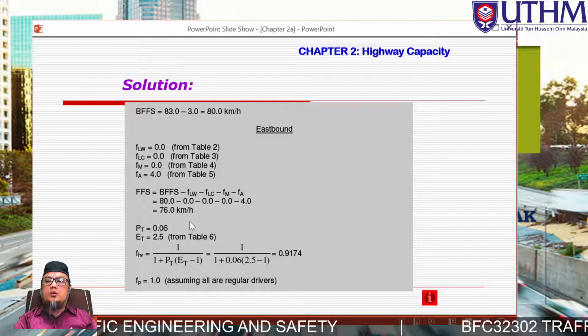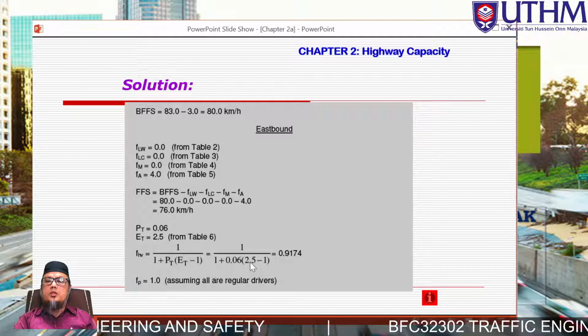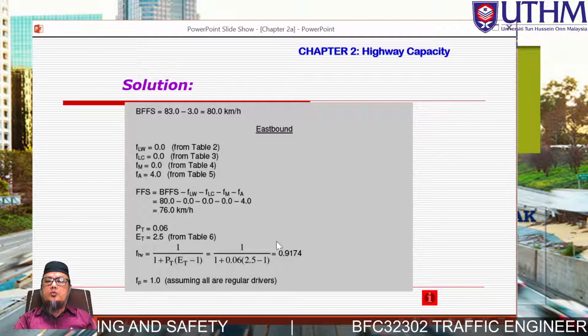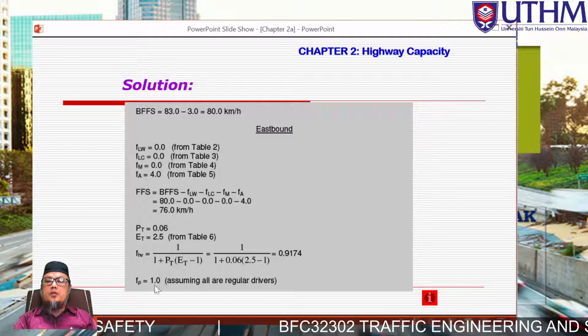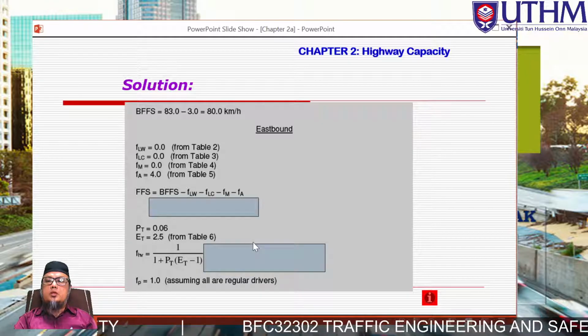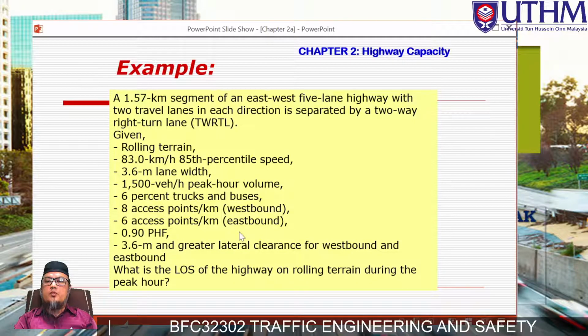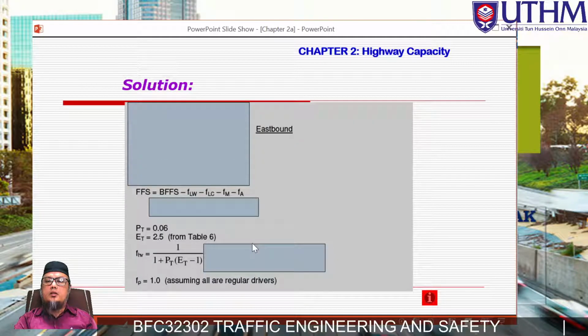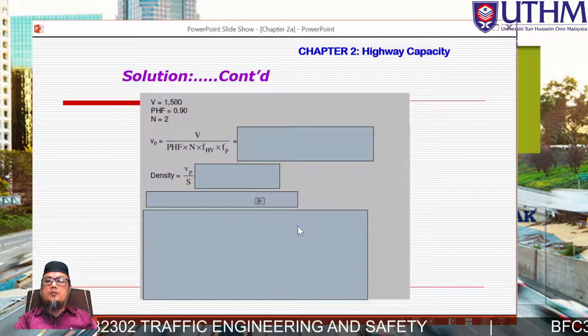PT 0.06. Don't put 6, but 0.06. 2.5 minus 1. So we obtain 0.9174. FP: because they don't give any information regarding driver population factor, we assume it as 1. So assume all the drivers are familiar.